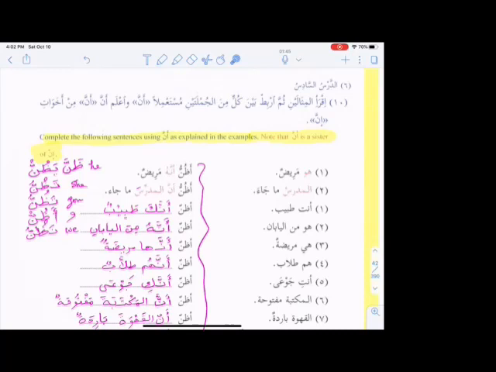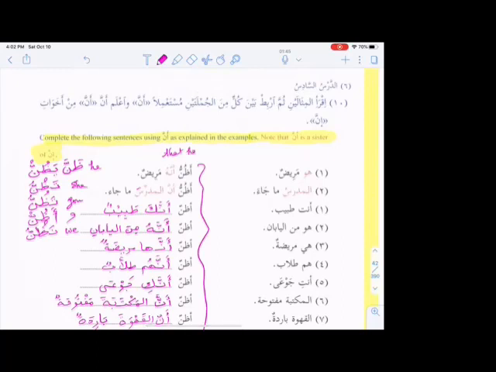Here anna will be translated as that, and then huwa means he, that he is sick. أظن أنه مريض. المدرس ما جاء. أظن أن المدرس ما جاء.